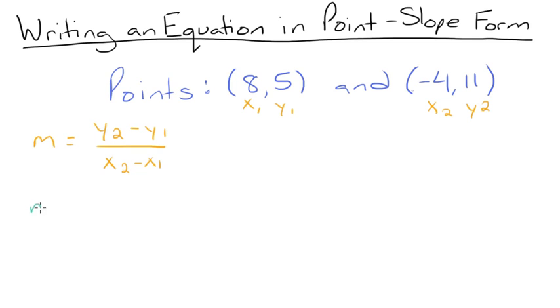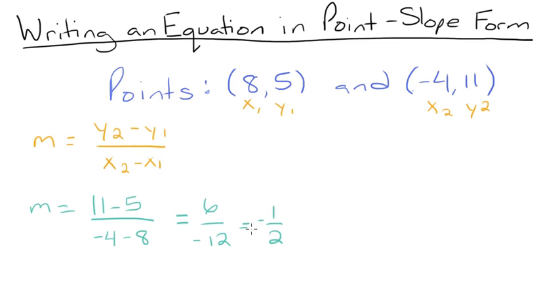So m is equal to y2 minus y1, which is 11 minus 5, over x2 minus x1, which is -4 minus 8. 11 minus 5 is equal to 6. And -4 minus 8 is -12. So this will simplify to -1/2.